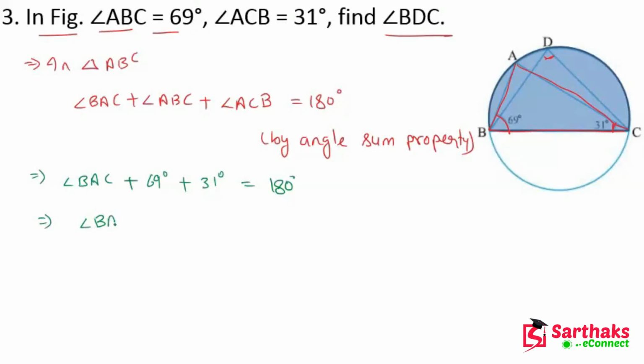Angle BAC is 180 degrees minus 100 degrees, so we get 80 degrees. I hope you get this point.